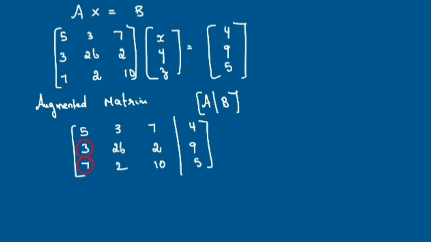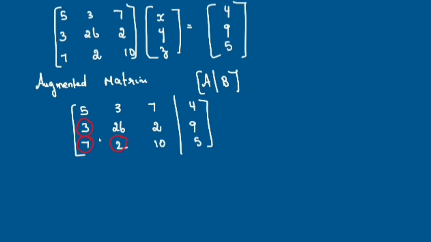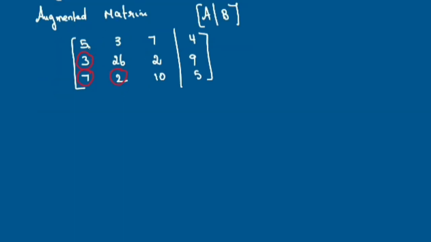Now in the second row, you have to make this element 0. To do that, see the LCM of 5 and 3 is 15, isn't it? So multiply R2 by 5, which makes this 15, and multiply R1 by 3.